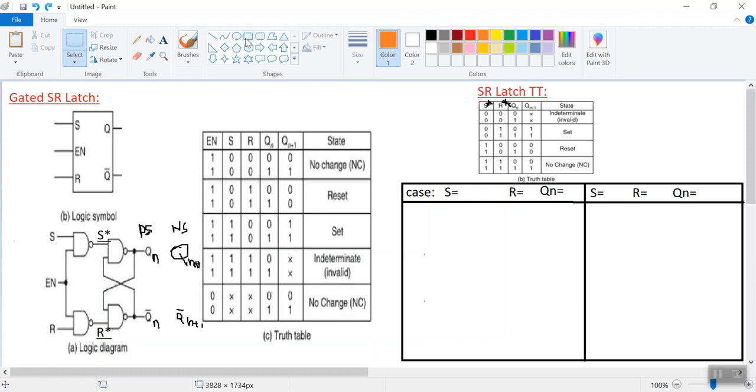Here, this is our latch concept. So we can call this a latch.